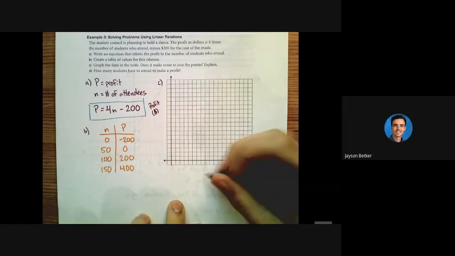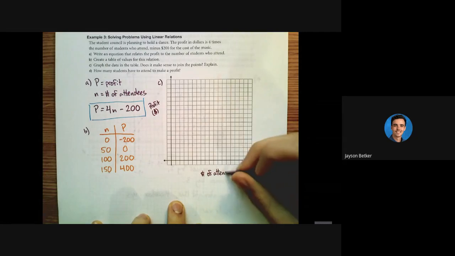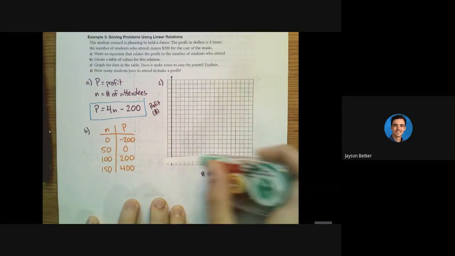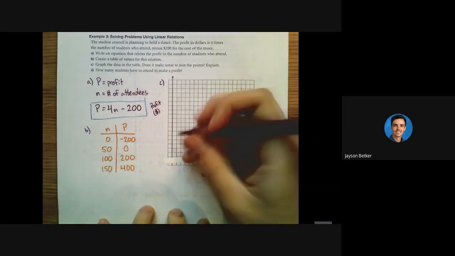And then the N is number of students, or attendees, we call them attendees. Okay, this is going to be another one of those scenarios where I need to just get rid of this one because I do have a negative number on my y-axis. I go down to negative 200. So we'll put it somewhere here.